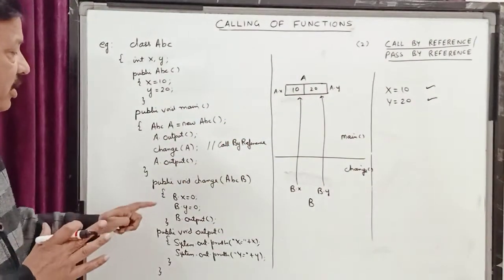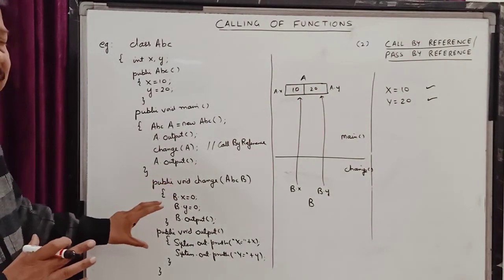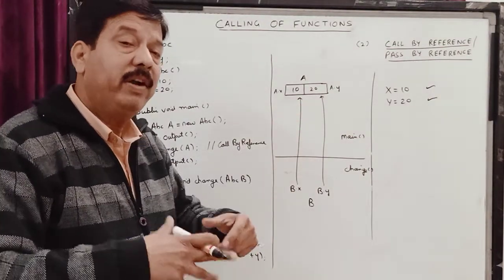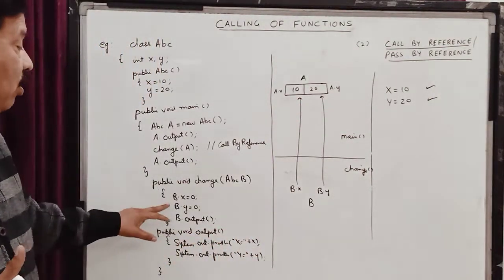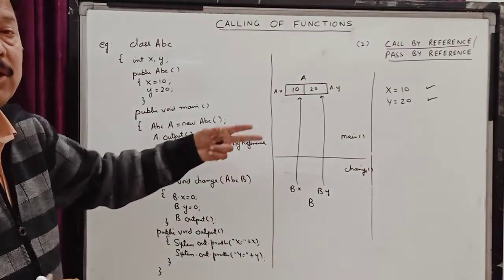Now if any changes are made in the called function, say I am making these changes, the change function is going to use this original value, and if it makes any changes in its own argument, that change is going to get reflected in the actual argument.